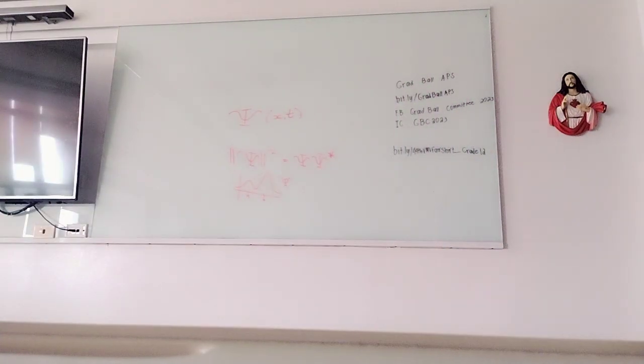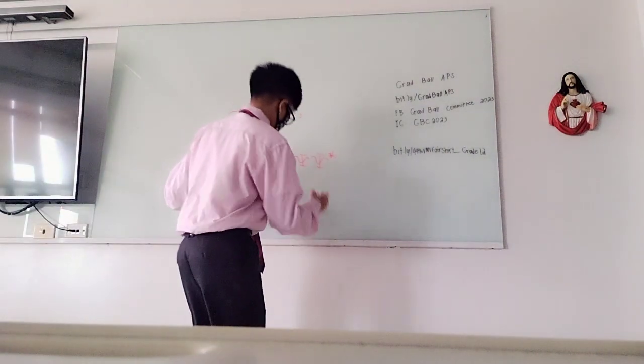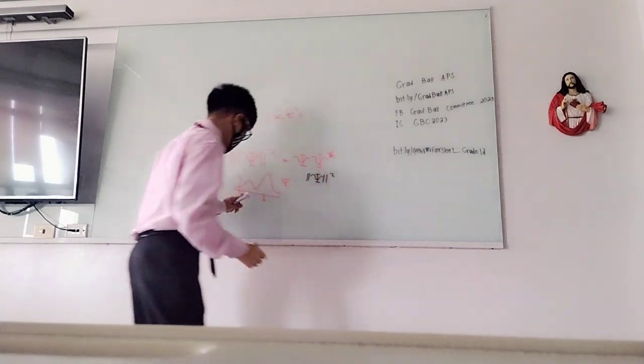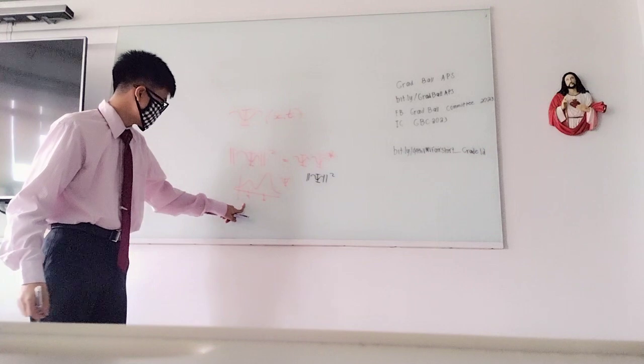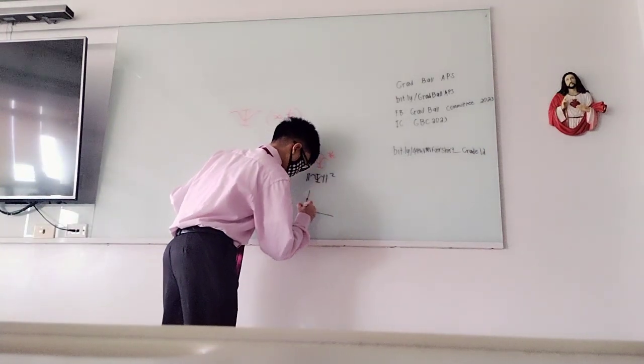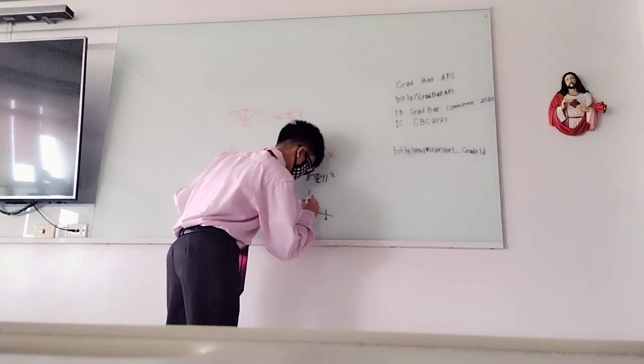Suppose we take the square of psi, or the norm of psi. That would cause us to collapse it onto 2 points. So now it would become like this. This is A, this is B.